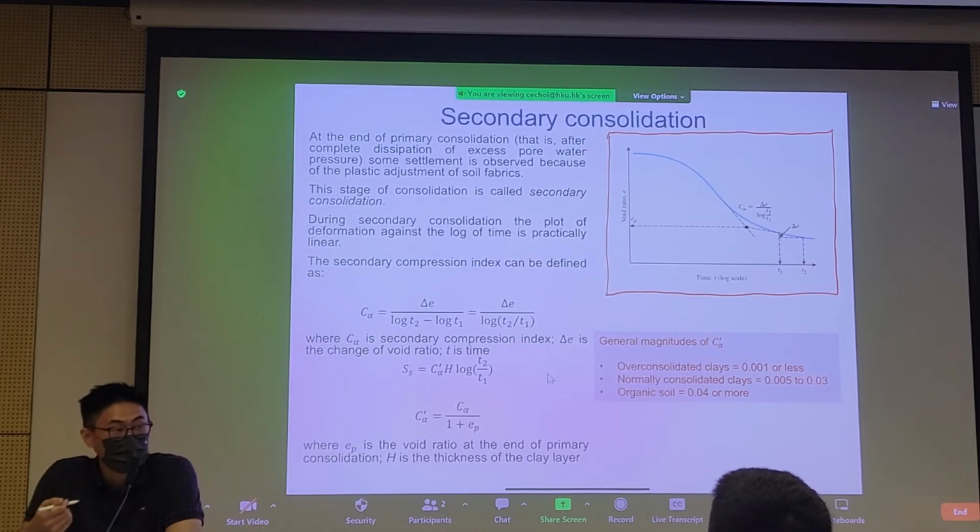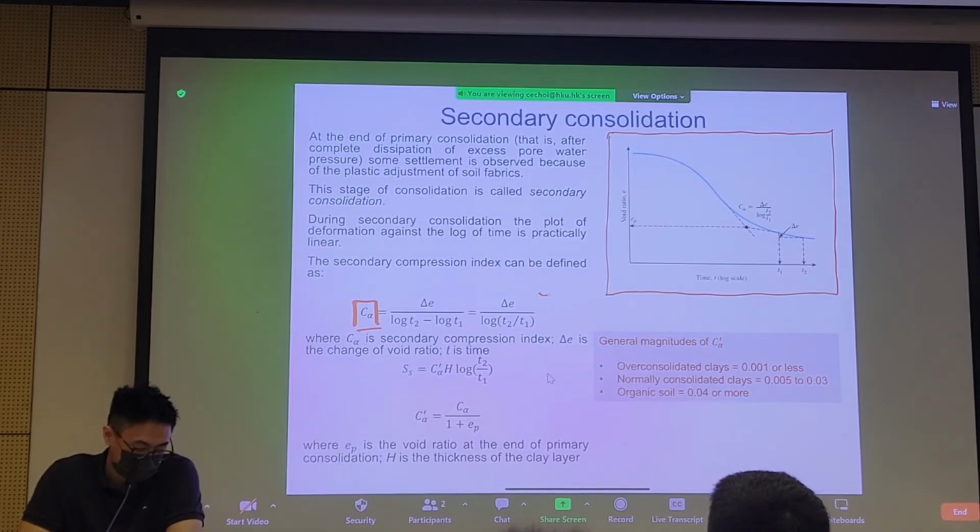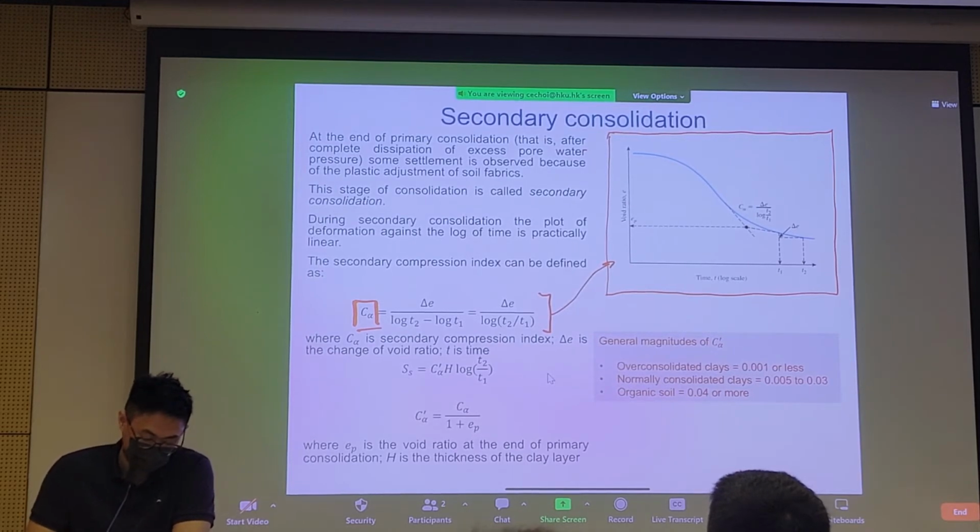There's a swelling compression index, Cs, and there's also something called secondary compression index, which is also an idealized slope. And if you look at this expression, we're essentially trying to extrapolate a slope from a graph here. And we're interested in the slope of this curve here.